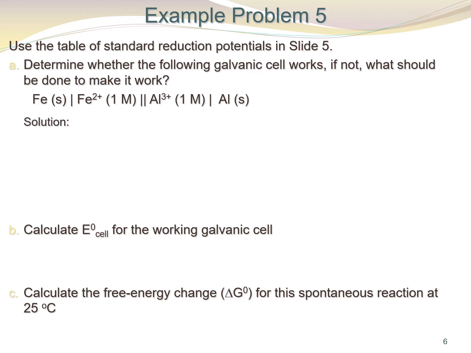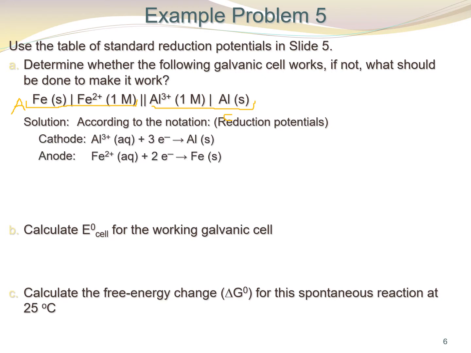Looking at question A, let's analyze the shorthand notation of the cell. The first half is everything going on in the anode chamber, and the second half is for the cathode chamber. Therefore, the reaction occurring at the anode is iron forming iron 2+.